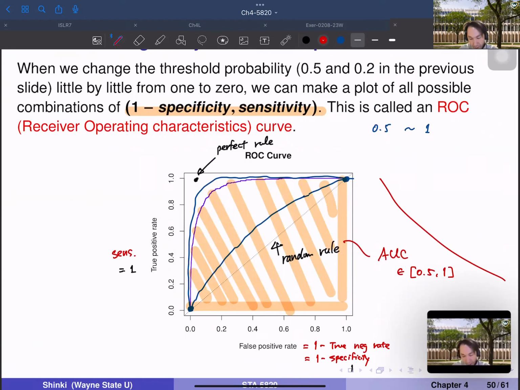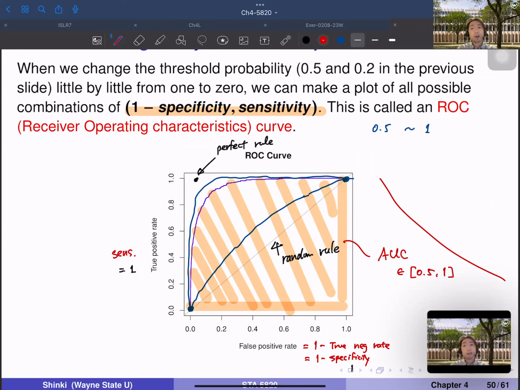AUC can go below 0.5. That is possible if we, for example, on purpose make a rule which is worse than the random rule. Then the AUC gets 0.4 or 0.3. But usually this test result is based on some statistical model, for example logistic regression.